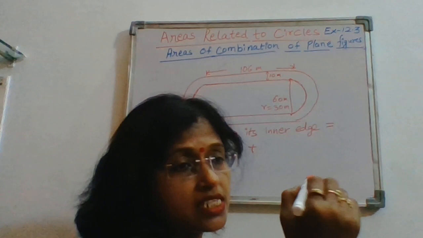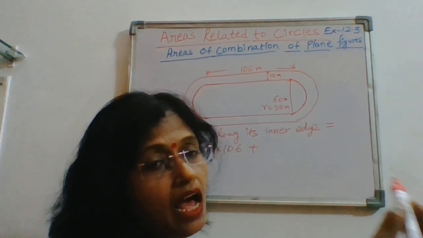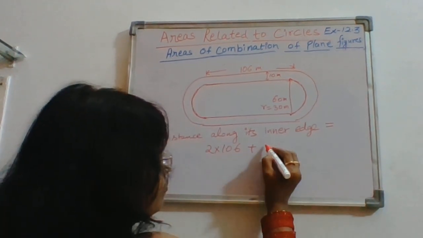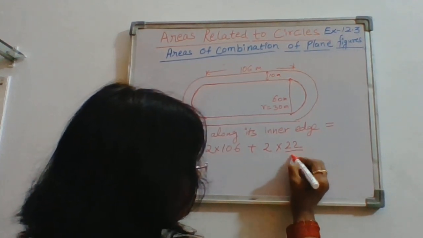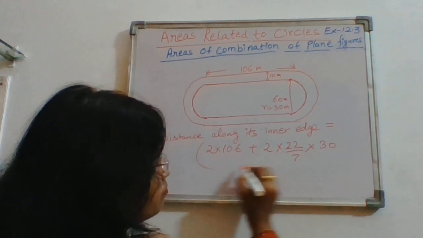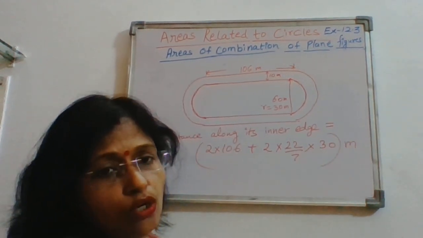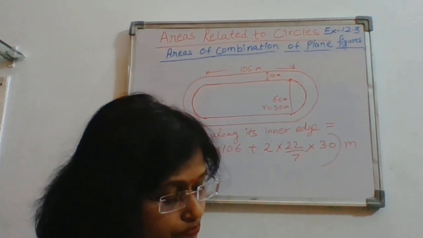So 2 semicircular parts will be equal to 1 complete circle, and the circumference of the circle is 2 pi r. So it will be plus 2 pi r. Pi is 22 by 7 into r is your 30. When you calculate this, you will get the length of the inner track, right?